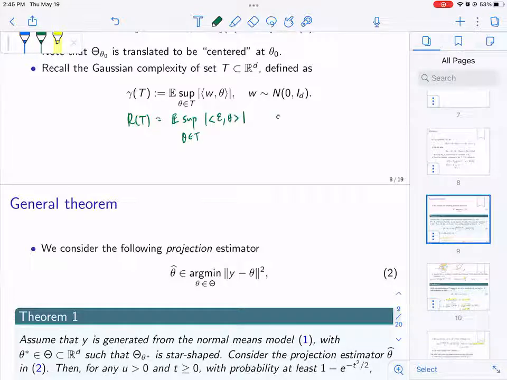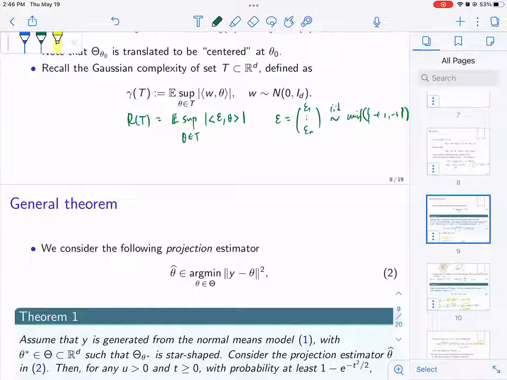So it's like that, where epsilon is a vector of independent Rademacher variables. Rademacher variables are basically uniform in ±1, the random signs. So this is also a random vector, and it measures the complexity.